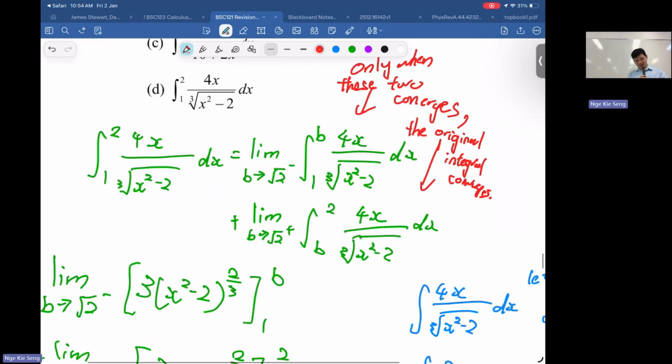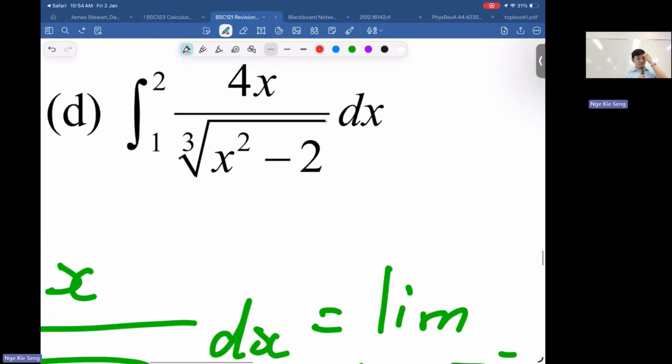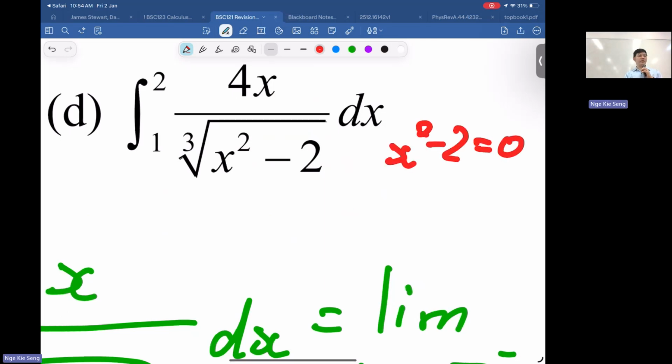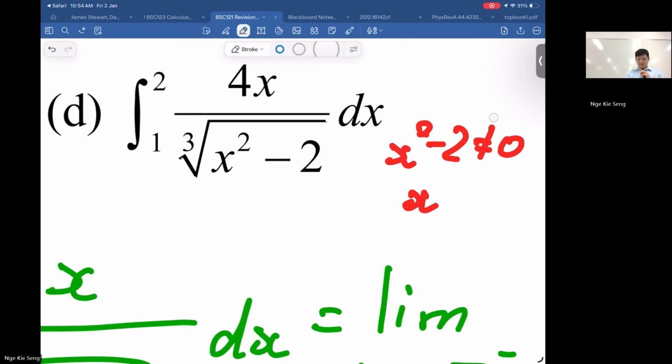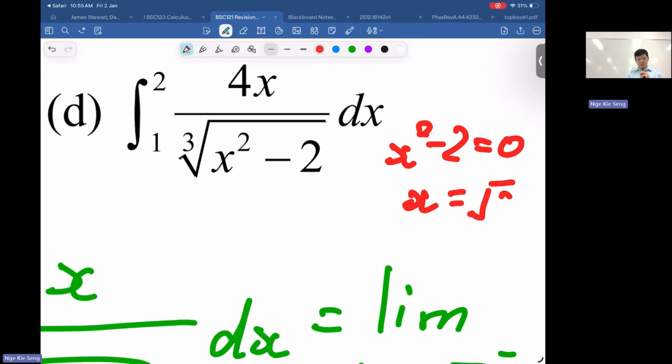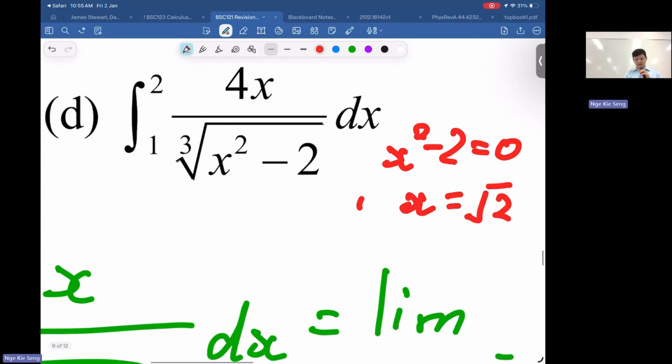Yes, exactly. If you look at this denominator, right? When you set x squared minus 2 equals 0, this is where it's undefined. So this implies that x is equal to square root 2. So x cannot be equal to square root 2, otherwise it will give you denominator 0.